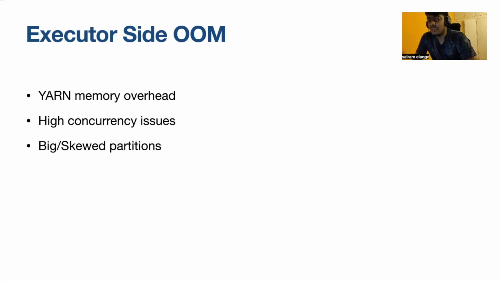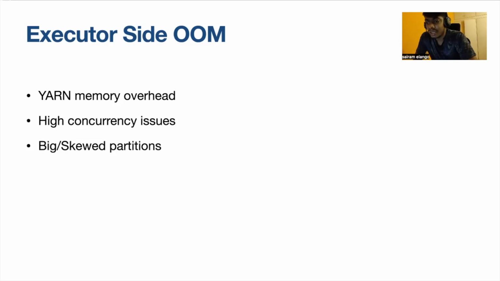If you're not using native Scala, or if you're using PySpark or Java, the objects that you create or the data frames that you define, all this metadata will be stored in your YARN memory. This creates an overhead, and if YARN doesn't have sufficient memory to store all your objects and variables, then you can face an executor side out of memory issue.